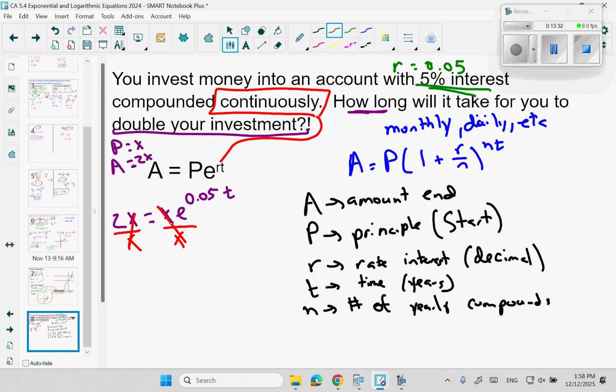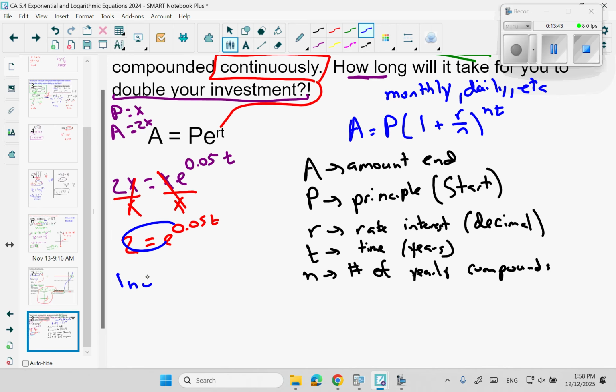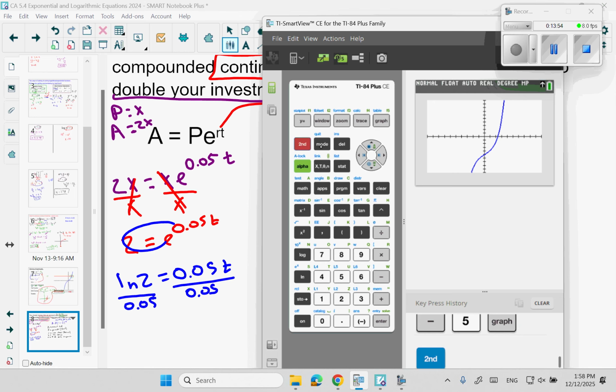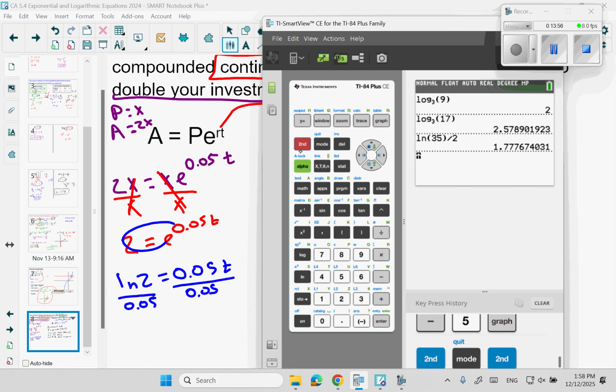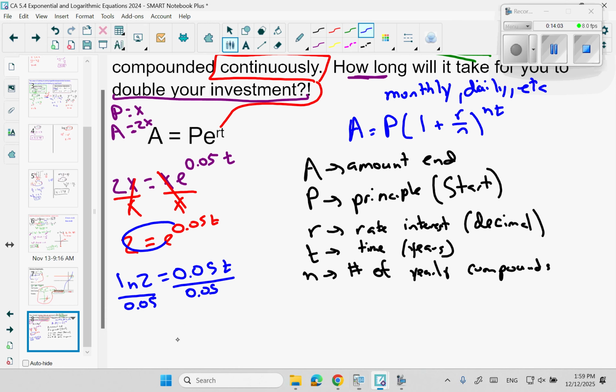So actually, it turns out it doesn't matter what my investment was, because at the end of the day, I was going to end up with 2 anyway. And I want to get rid of the e, so I can natural log both sides, and then divide by 0.05. So on my calculator, I can just type natural log of 2 divided by 0.05. So it would take about 13.9 years.